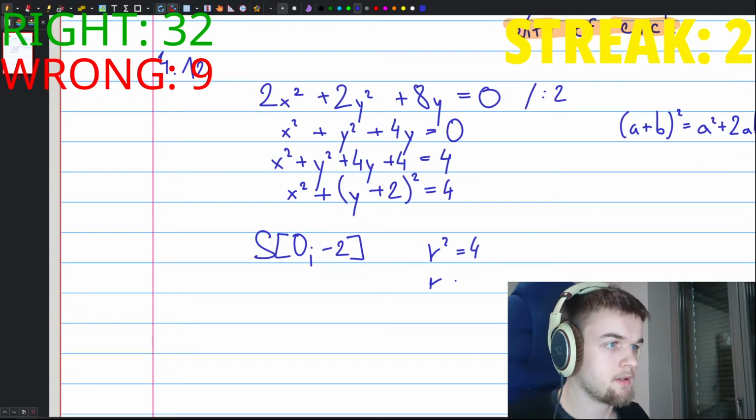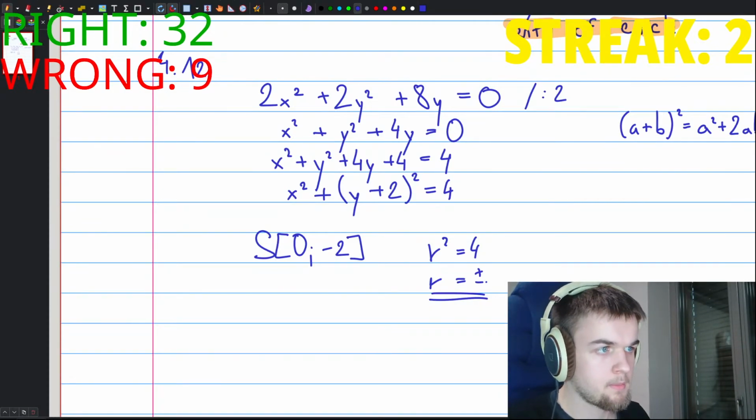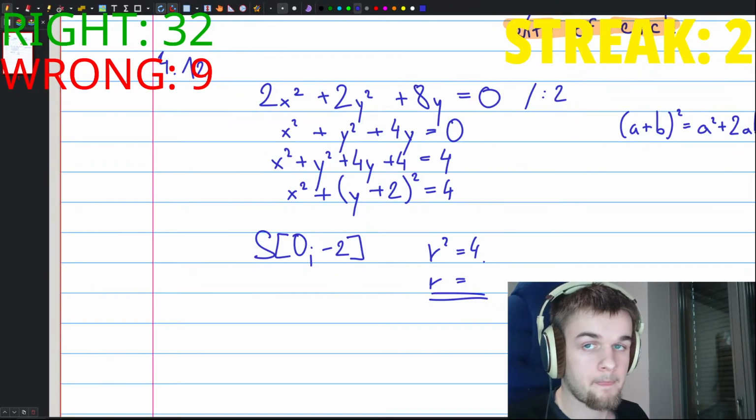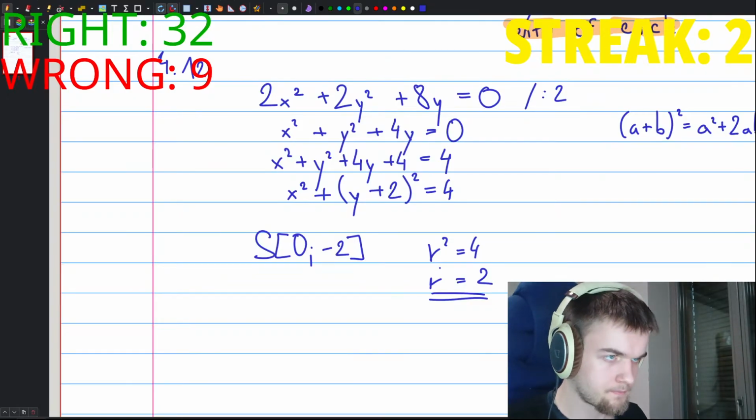Equals 4, which means that r equals 2. Actually, it should be plus or minus 2, but obviously the radius cannot be negative, so I'm just gonna write 2.